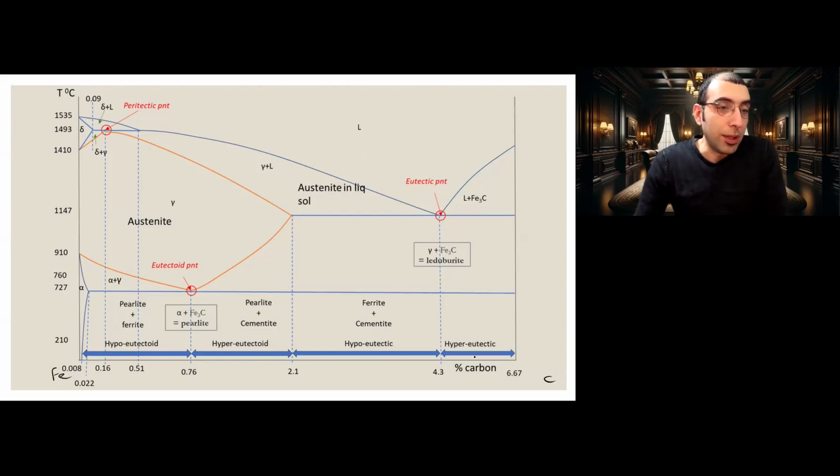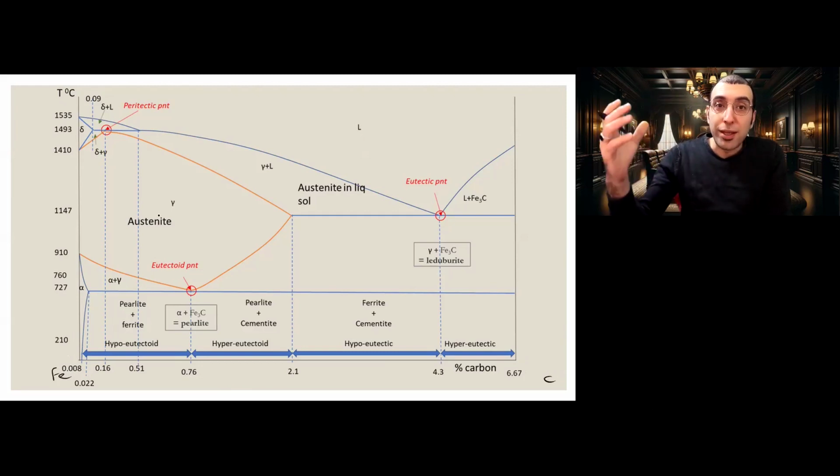So from here to there, carbon is increasing, and as you can see, up to 6.67%. This is the region of our interest that we make most of our materials from. And also, if you pay attention, the temperatures are from 210 up to 1500 degrees, also the range of our interest.